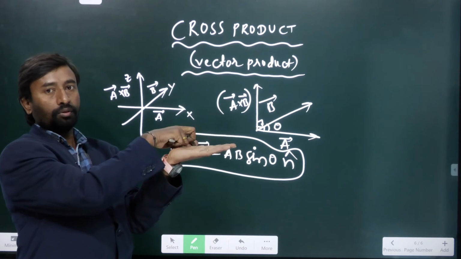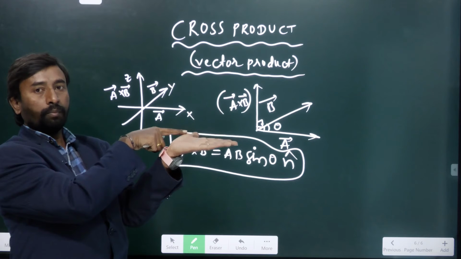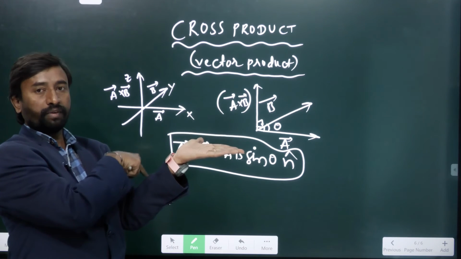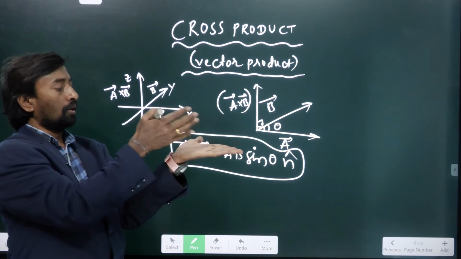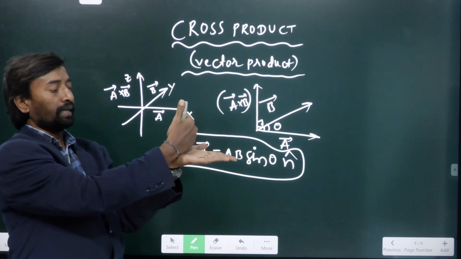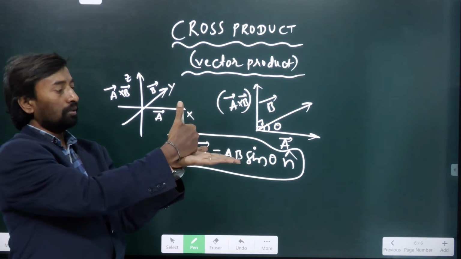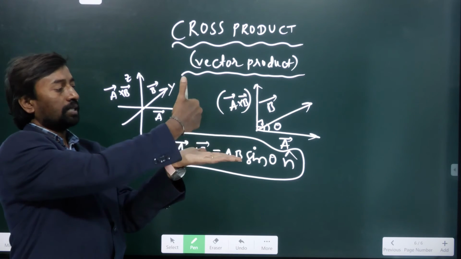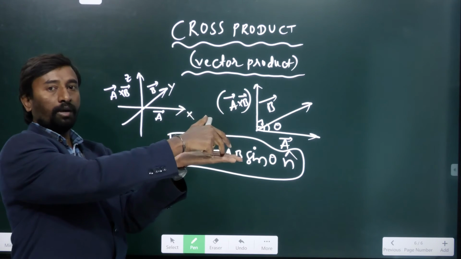Along the fingers, the a bar vector is there, and along the thumb, the b bar vector is given. Now a bar is moving in anti-clockwise direction, so the right hand thumb rule gives the direction of the resultant of a bar and b bar.